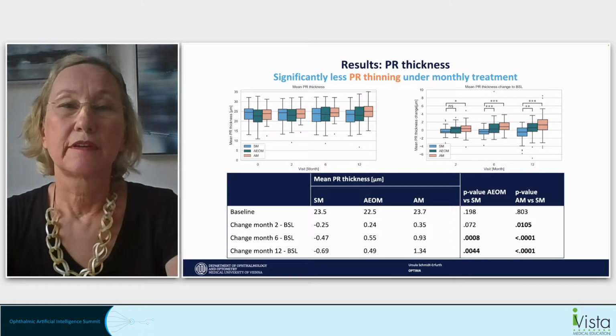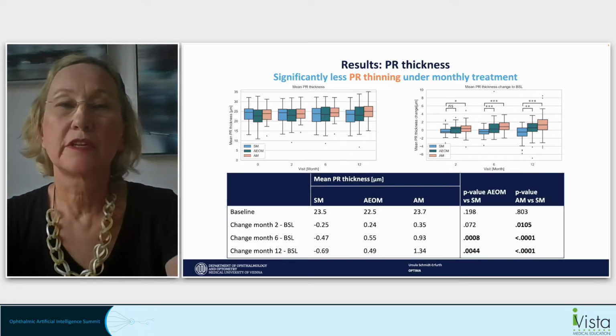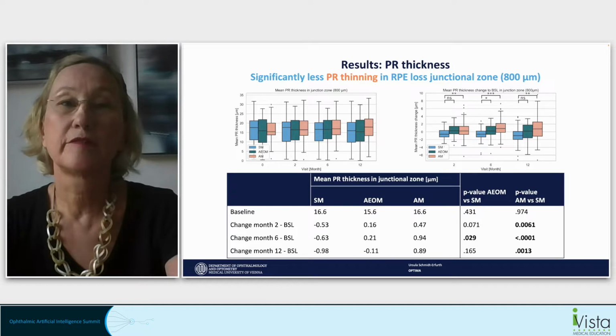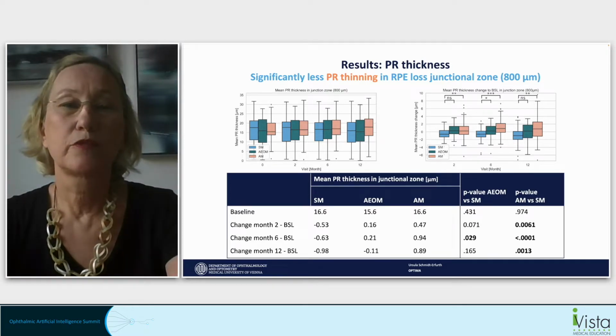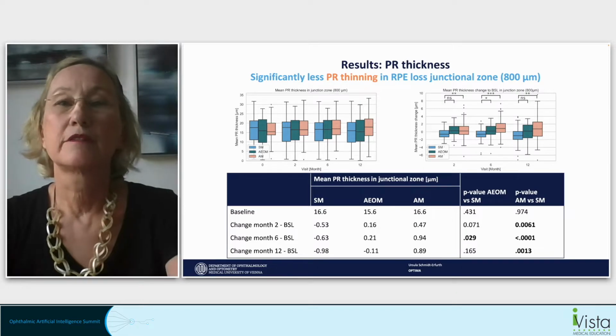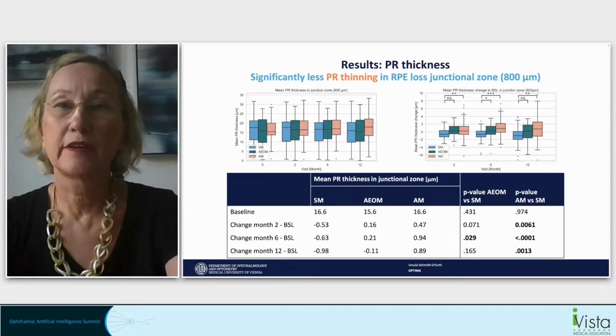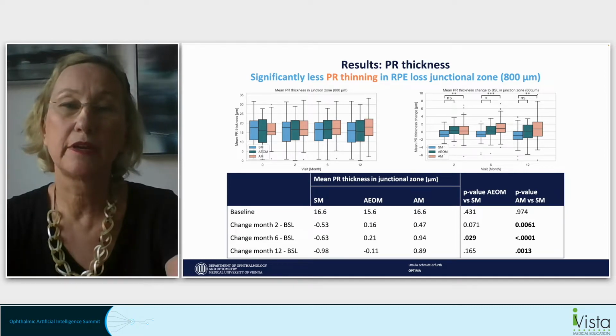Photoreceptor thinning is another phenomenon that we were able to observe, and that was also significantly reduced under monthly treatment, as seen here, at a highly statistically relevant level. And that was particularly true for photoreceptor thinning in the junctional zone, which was defined as the surrounding 800 micrometers around the RPE loss.